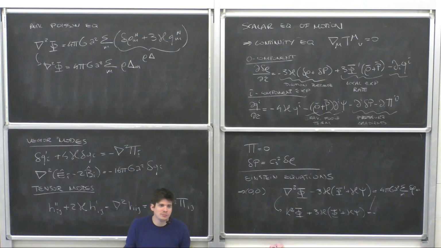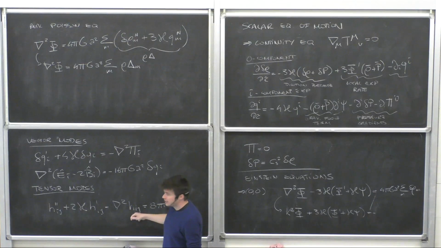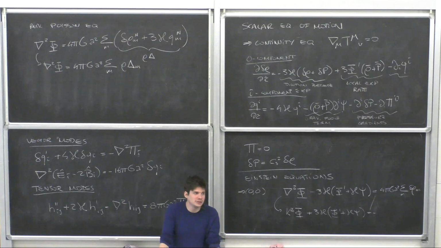So those could in principle only come from the early universe. The problem is that if you generate these in the early universe, at these very small scales, they had a long time to decay. So their amplitude is very small.